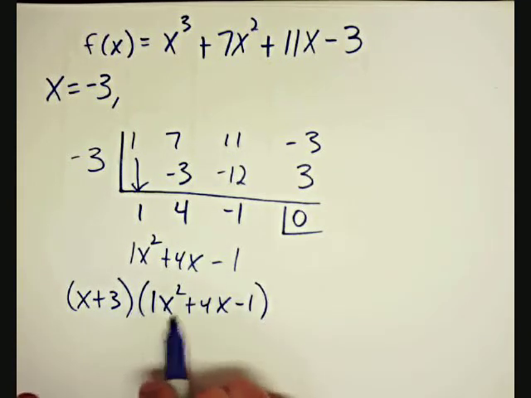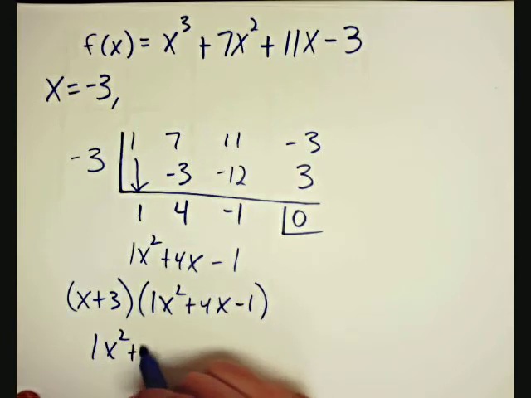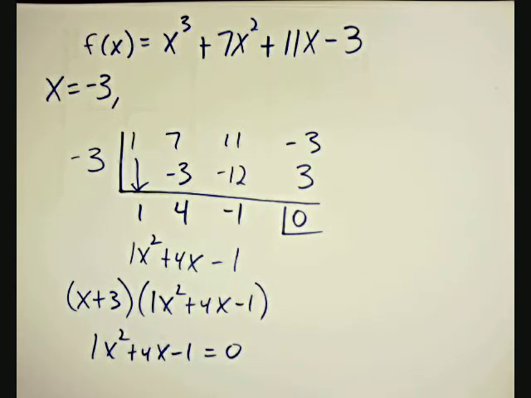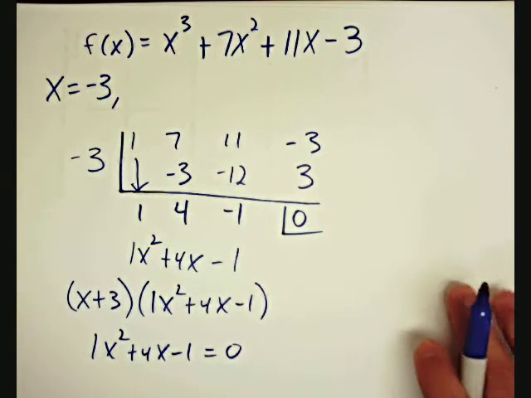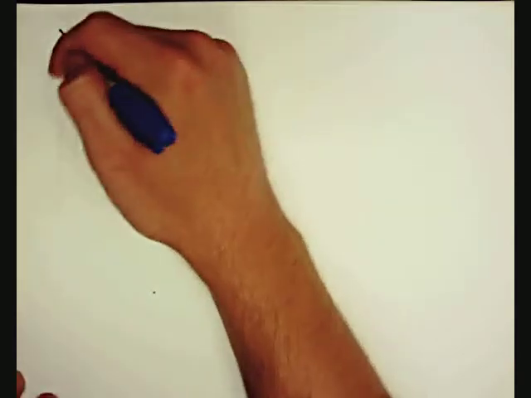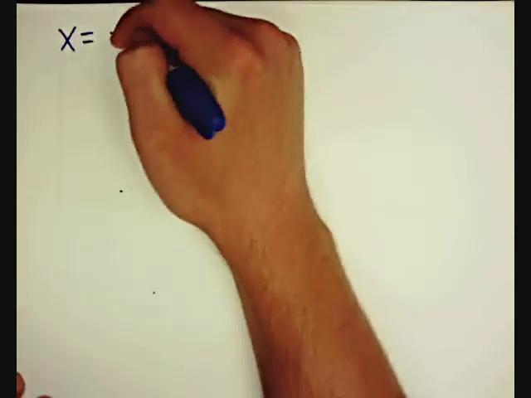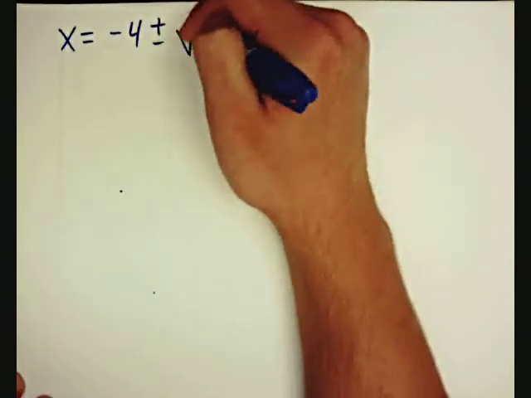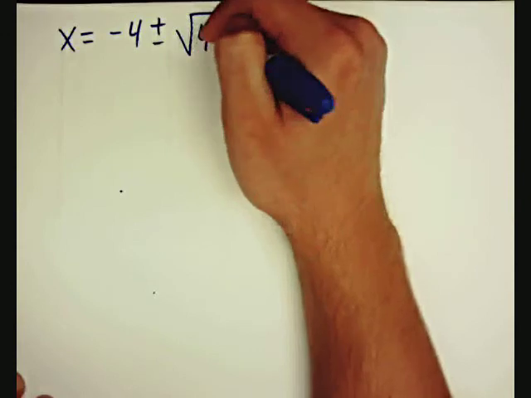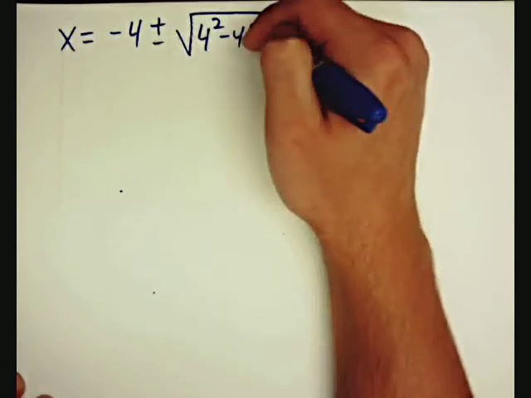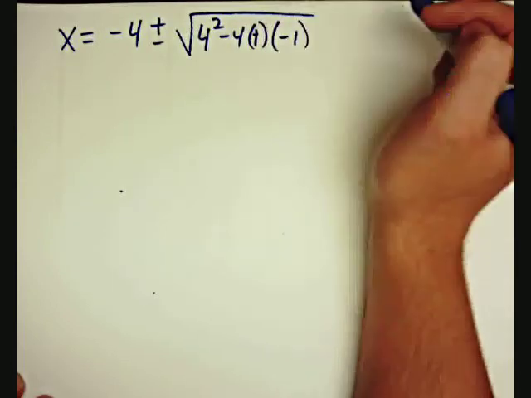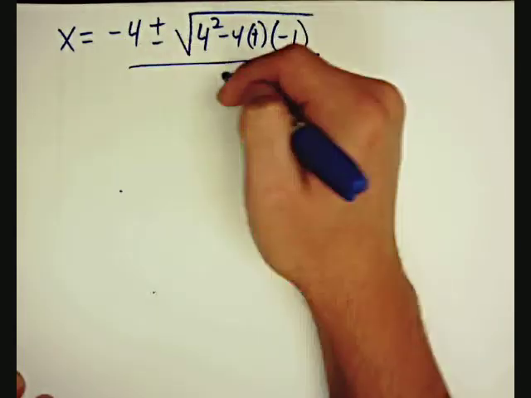So if you take this second factor, set it equal to 0, and solve for x, that will give you your two remaining exact zeros. So let's do that. Our two remaining zeros, x equals opposite of b, negative 4, plus and minus the square root of 4 squared minus 4 times a times c all over 2a.